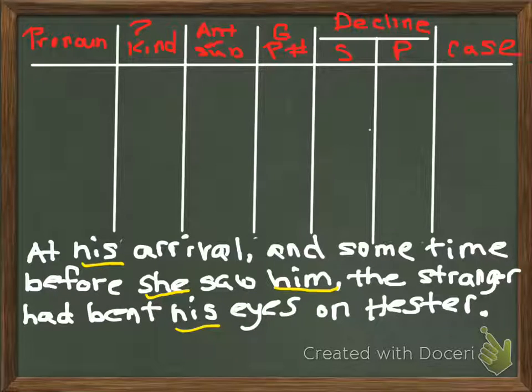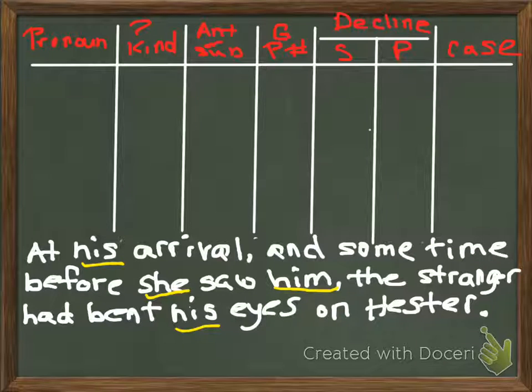It's modifying the action, telling us when that action occurred. So is before. She saw him. What is being said about she? She saw. Who saw? She saw. So we have a clause right there. And then we have a comma for pausing, and we start with the stranger.